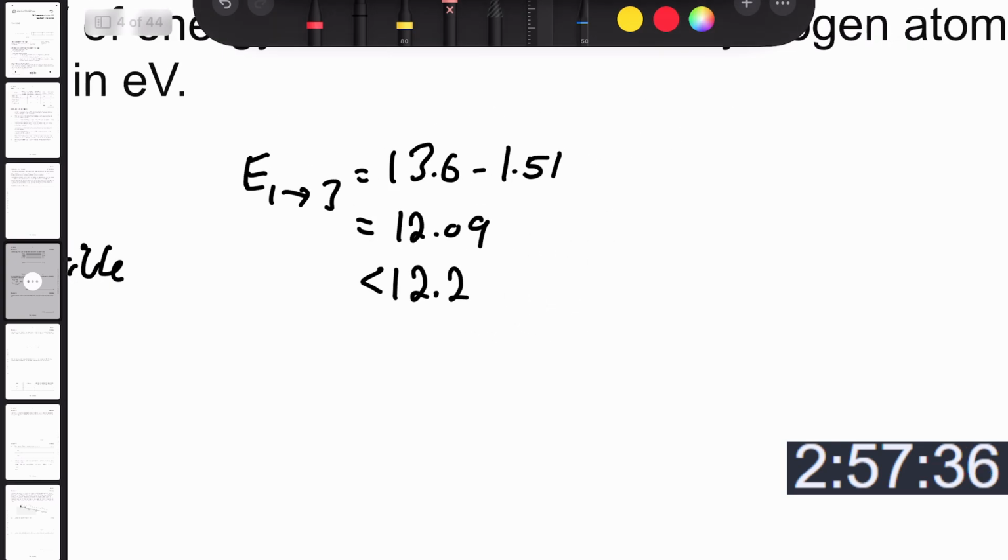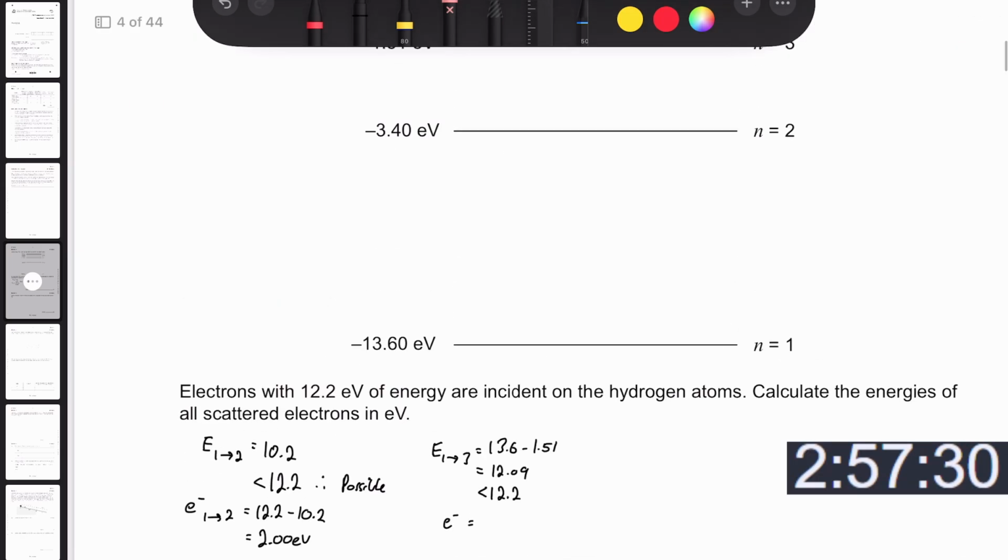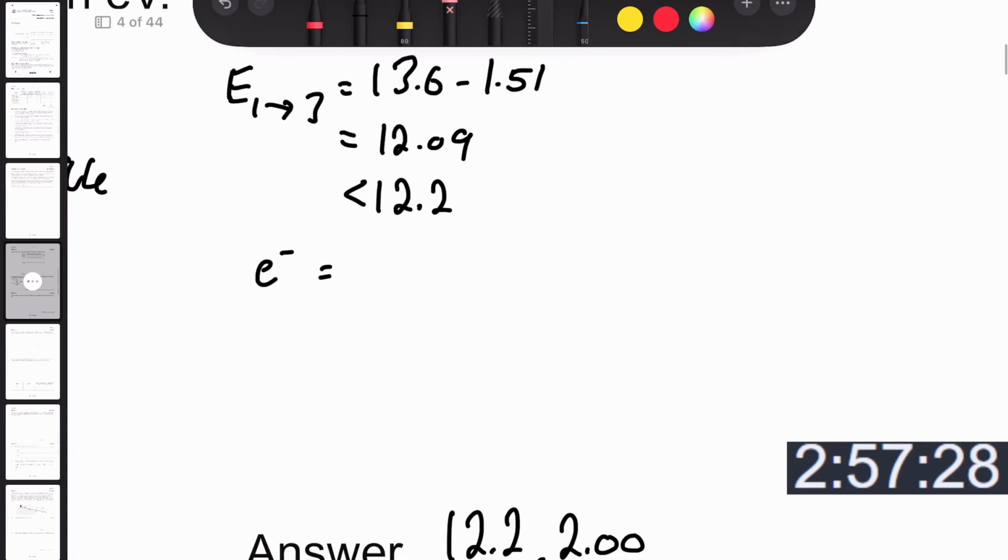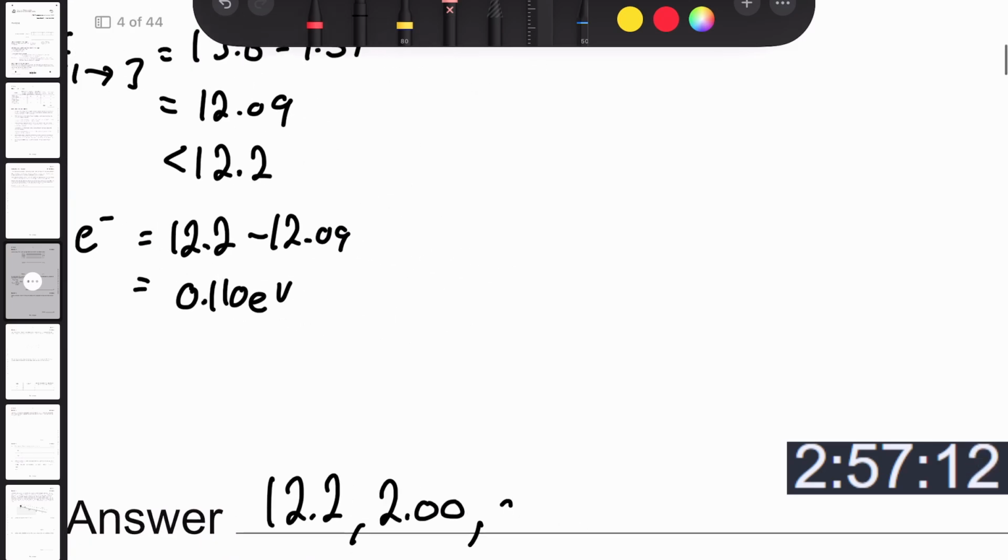Wait, hold on. I have to put my timers on. I'll be back. Okay, I'm back. This is gonna take me forever. 12.2 minus 12.09, it's gonna be 0.1 electron volts.